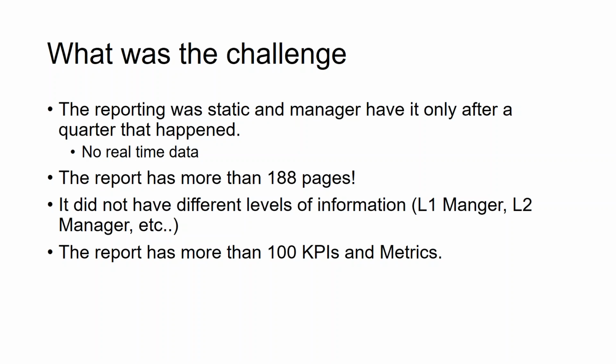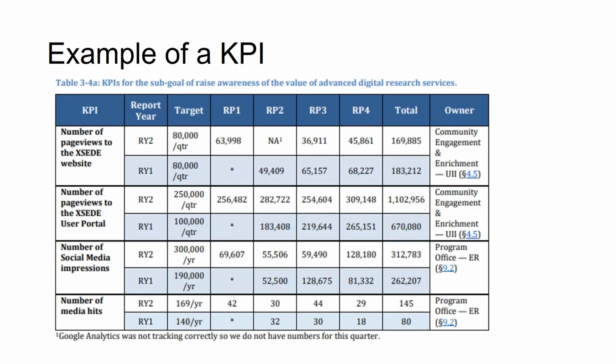And also, I will show you how the report was done. It didn't have any meaning at all. So this is how the table looked. If you see, we have a KPI, we have some targets, and then you have RPI1. Instead of naming it quarter, they call them report periods.